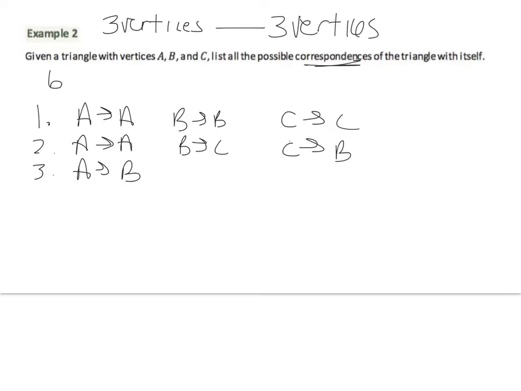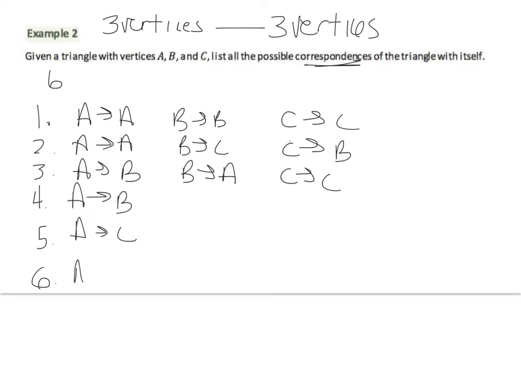A to B. Pretty simple. A to B again. Oops. Let's do that first column so I don't forget anything. And then A to C. Cool. I just didn't want to forget them in the right order.